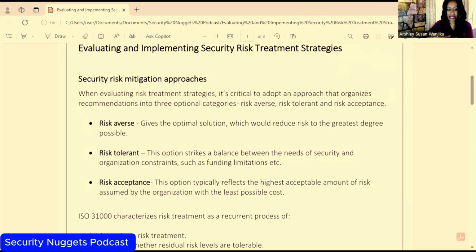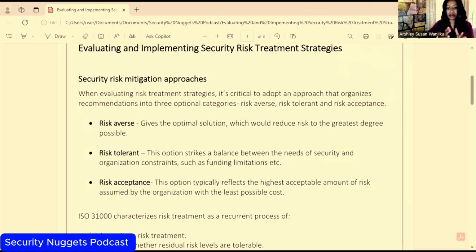Now, for instance, you're looking at some of the risks that you have evaluated, and you are saying that mitigating against those risks is going to be way too expensive compared to the impact if those risks were to be actualized, okay? So the maths are not making any sense, okay?